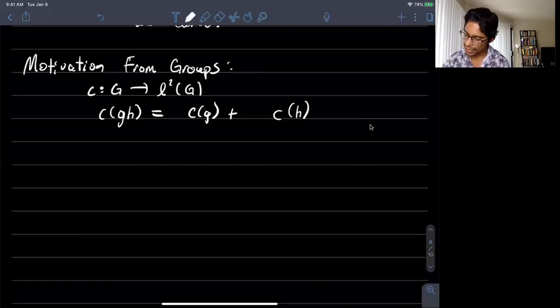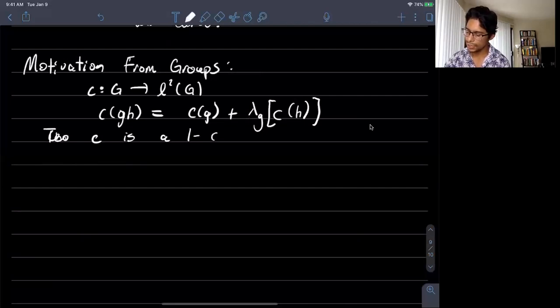I'm going to take this left regular representation and apply it to this second component. C is a 1-cocycle, or an L2 cocycle.